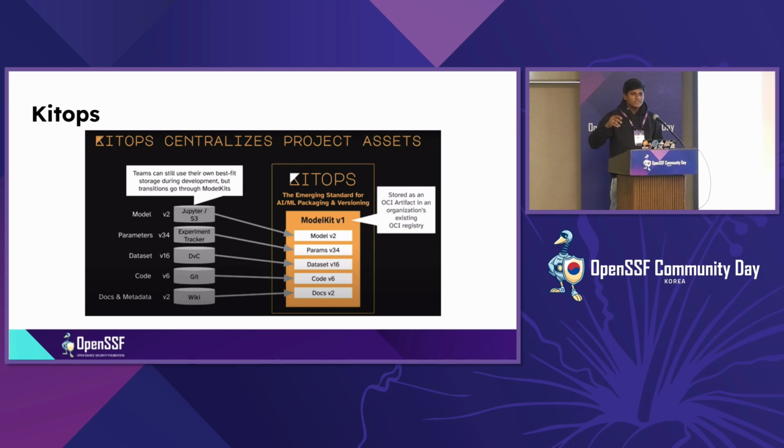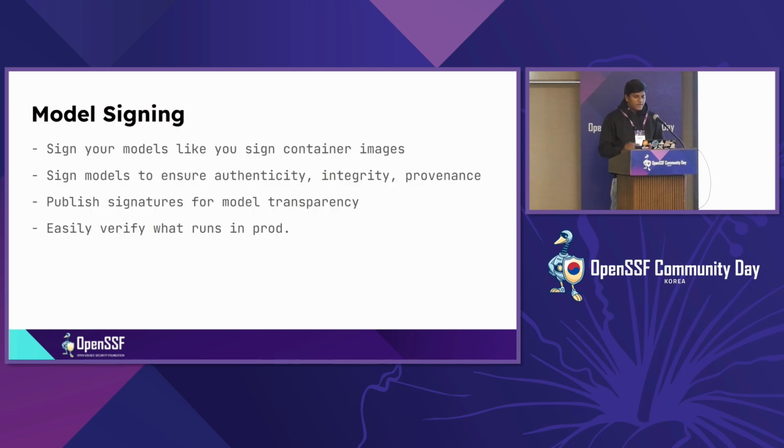And the good thing is you can cross-reference this across different models. Like if you have version 1 to 2, you can take only the things that have changed from version 1 to 2. So you don't track the same thing again and again, exploding your S3 storage. And then you can sign your models like your container images, publish signatures, and you get authenticity, integrity, provenance, and all these things that come with containers by default.